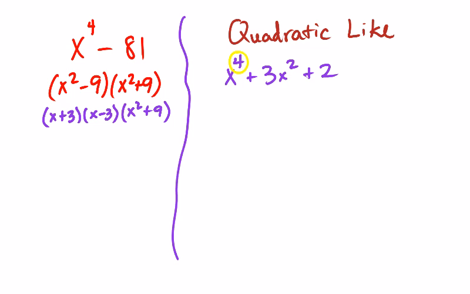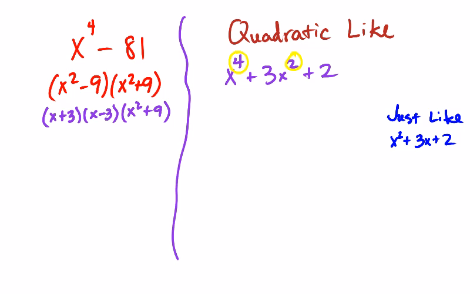If you look at the exponents, 4, 2, and then nothing, they go down by half and then it disappears. And so it would be just like factoring x squared plus 3x plus 2. By this point in your math career, you should be able to factor x squared plus 3x plus 2. The way we do it is we say what multiplies to 2 and adds to 3.